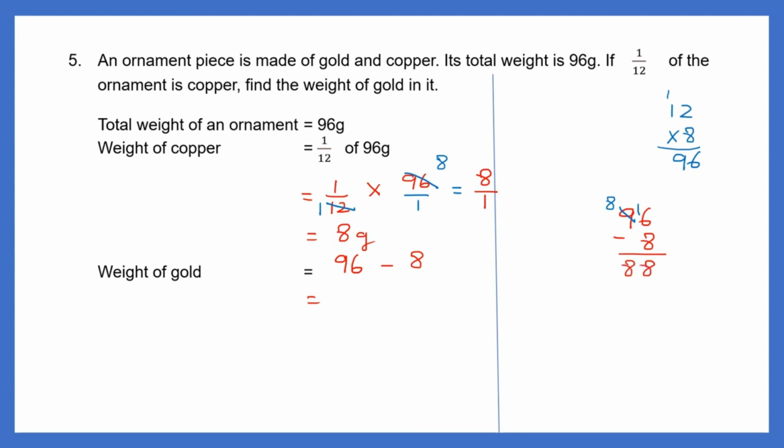And I bring down this 8. So the weight of gold is 88 grams. I hope you understood. We minused the total weight of the ornament by the weight of copper. And we found that the weight of gold is 88 grams.